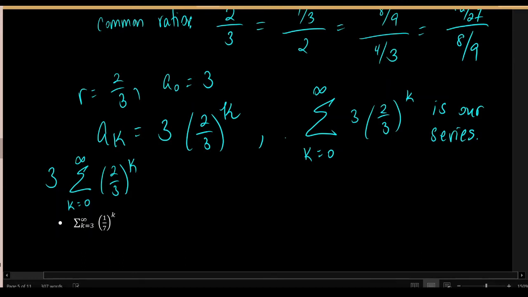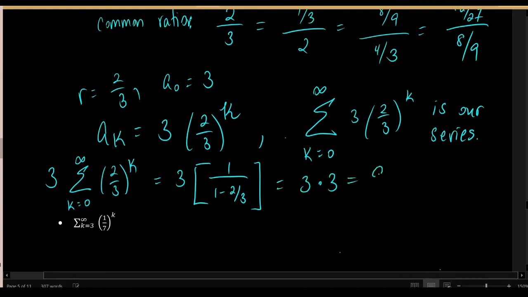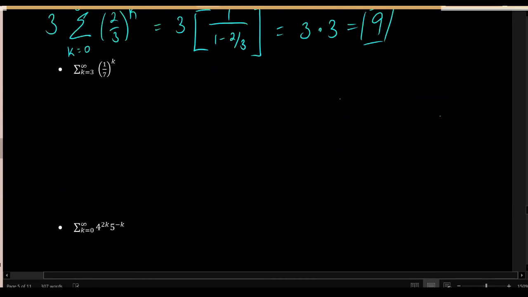Since the common ratio is smaller than 1 in absolute value, this series does converge, and its value is equal to 1 over 1 minus r. In our case, 1 over 1 minus 2/3. So that works out to be 3 times 3, which is the number 9.